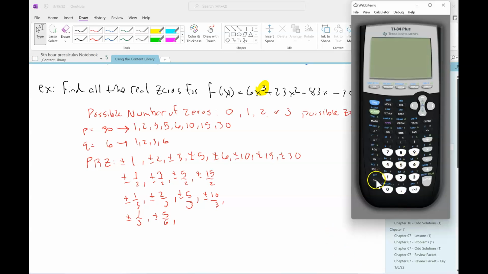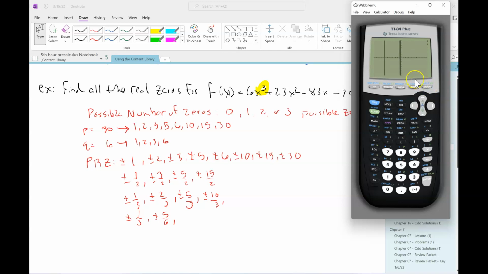Now that I've got my list here, I'm going to go look at my graph. So I'm just going to go ahead and type this into my calculator here. And then hit graph and take a look.